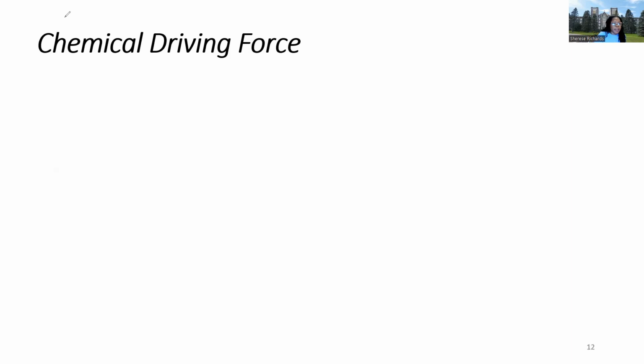Okay, so the chemical driving force is basically the movement of particles down their concentration gradient. All right. The force that's moving the particles is going to be from high to low concentration, right?